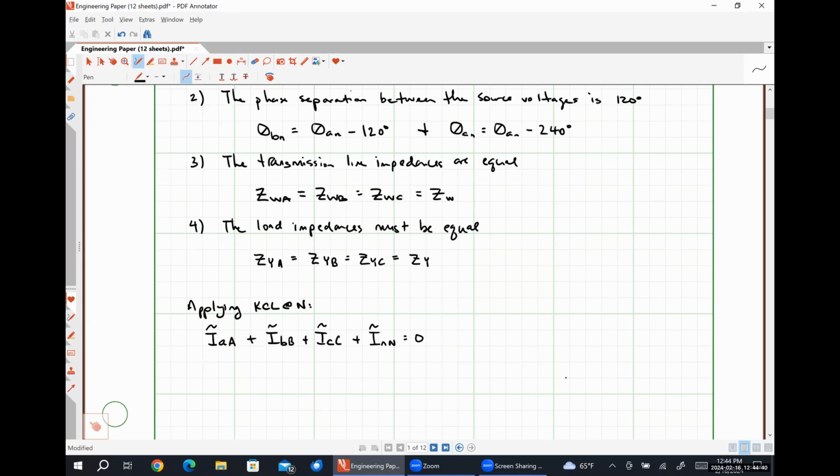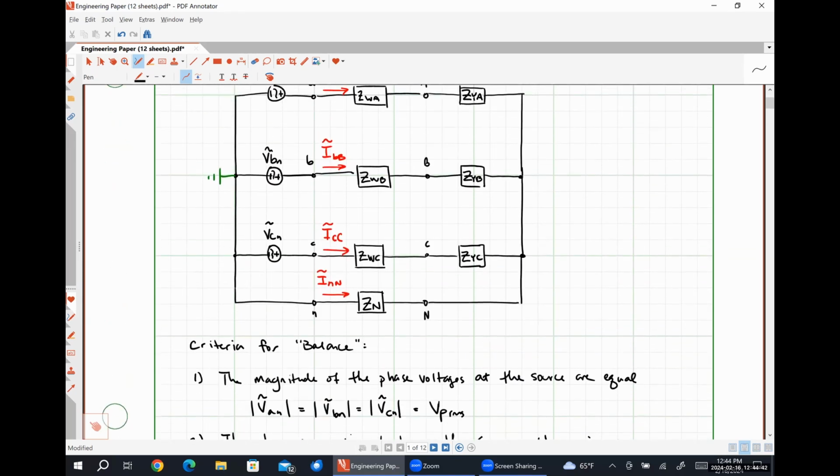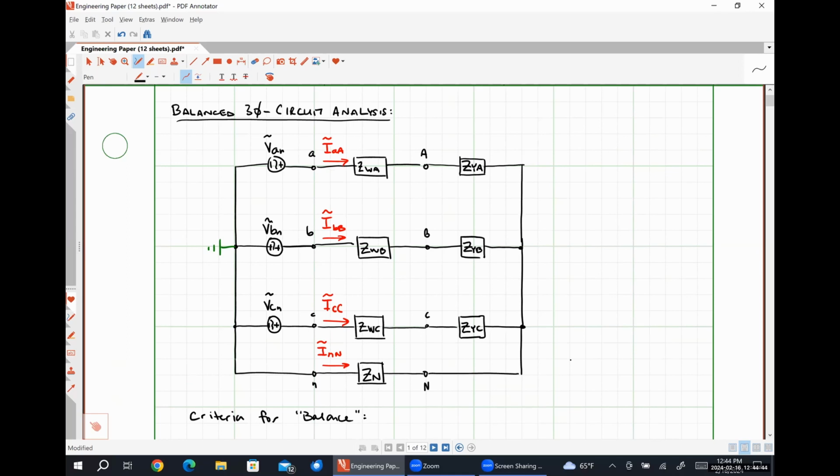So the current IAA is the current that's flowing through the series impedance ZWA plus ZYA, right?